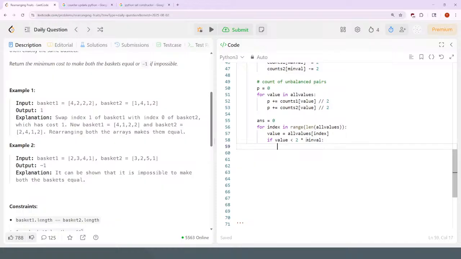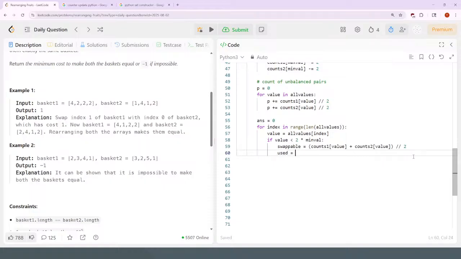And the number of things that I'll swap with it is based on the number of pairs it has. Swappable is equal to counts 1 of this value plus counts 2 of this value, divided by 2. So if there's 2 of them, I can use one of them to swap.